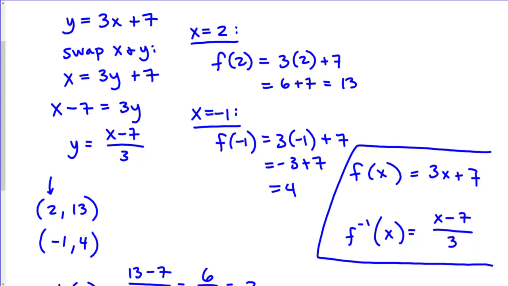F inverse does the opposite of those operations, in the opposite order. So f of x: multiply by 3, add 7. F inverse of x: subtract 7, divide by 3. So the opposite operations in the opposite order. That's how it undoes what the original function does. That's why you'll always end up just swapping your x and y values.